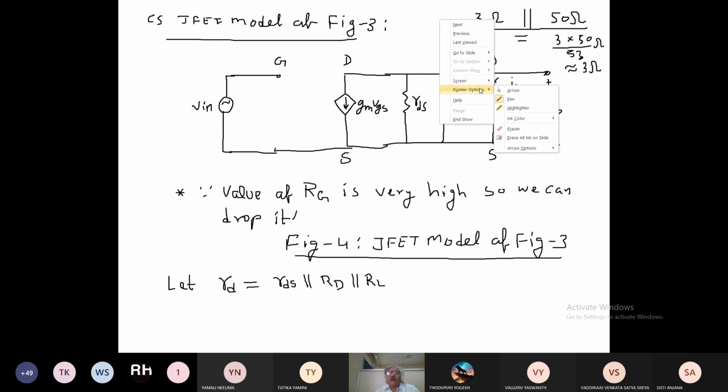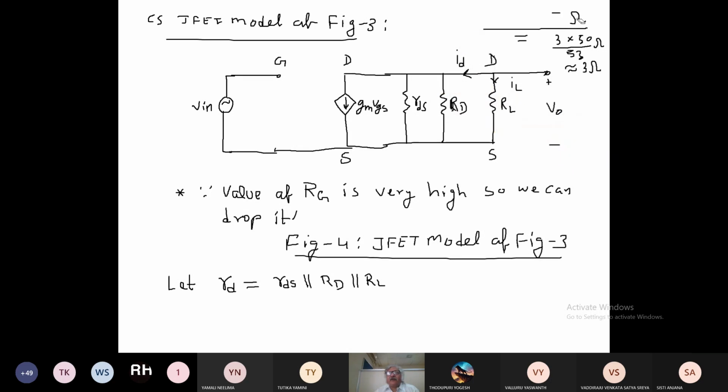Okay. Now with the same concept, since the value of RDS is very, very high compared to RD and RL, this can be approximately written as RD in parallel with RL. Why have we written this?